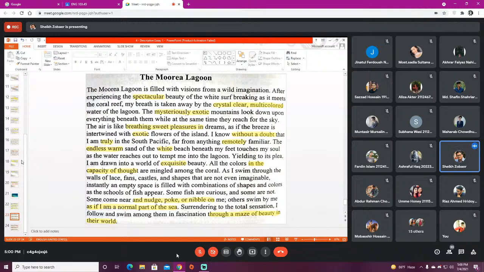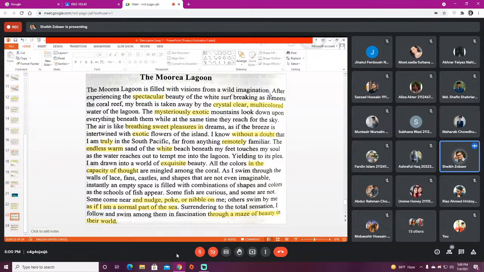The last tip was again replacing common expression with artistic expression or creativity. Let's do the very first sentence of the paragraph. Moria Lagoon is filled with visions from wild imagination.